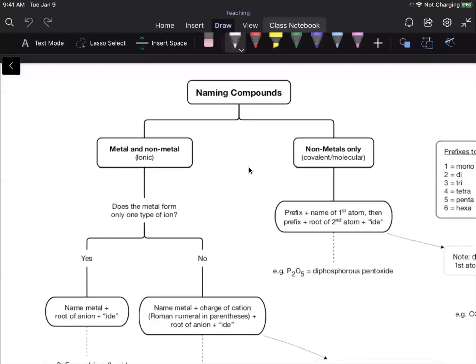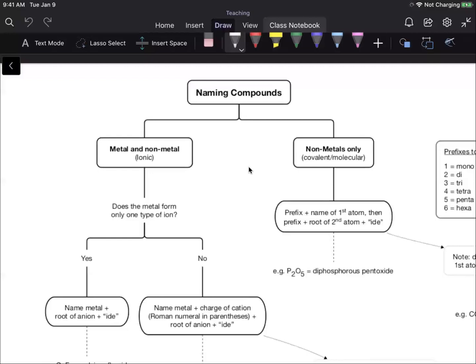All right, so I want to give you some examples of how we name ionic compounds. So recall that with an ionic compound, we are always talking about a metal and a nonmetal. Those parts form ions, which are charged.